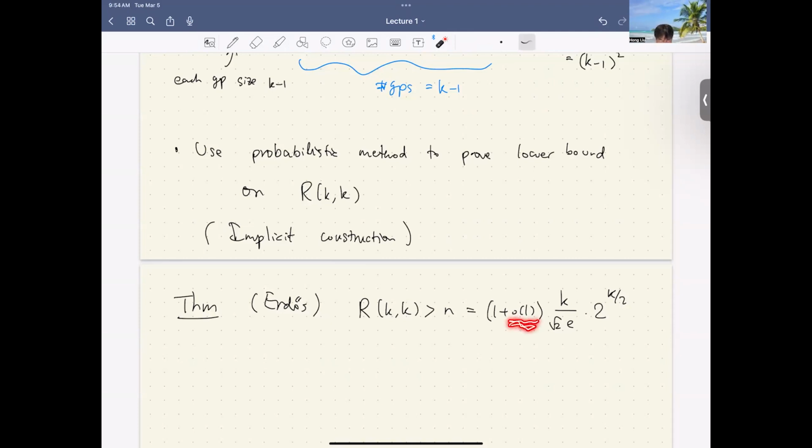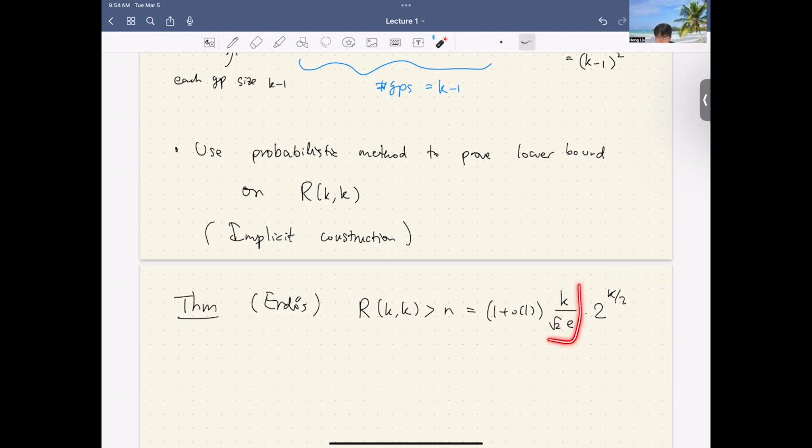I don't have much time left. Let me mention this big O, little o notation later. Just think of this as a constant, a fixed number. Forget about this. Square root 2 is 1.414, a fixed number. E, the natural number, is 2.78, a fixed number. Just K could grow. We care about the growth of the function when K goes to infinity. But this is linear growth. What's important, we want to focus on this term.